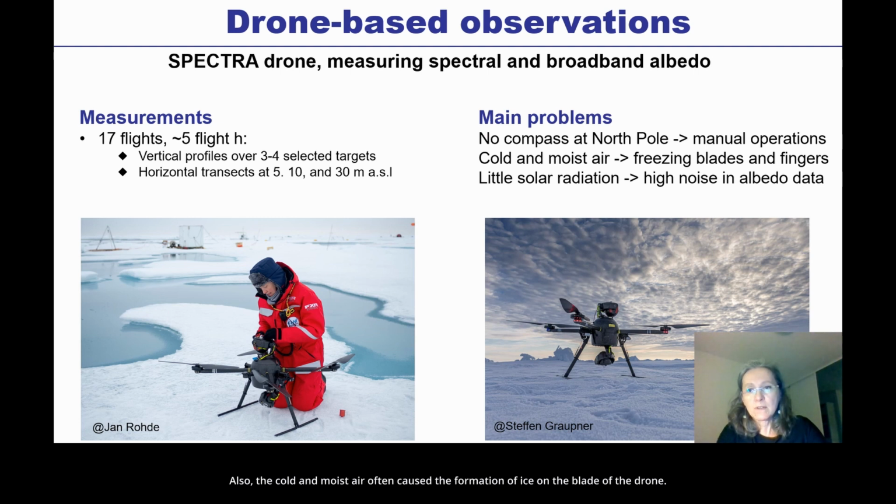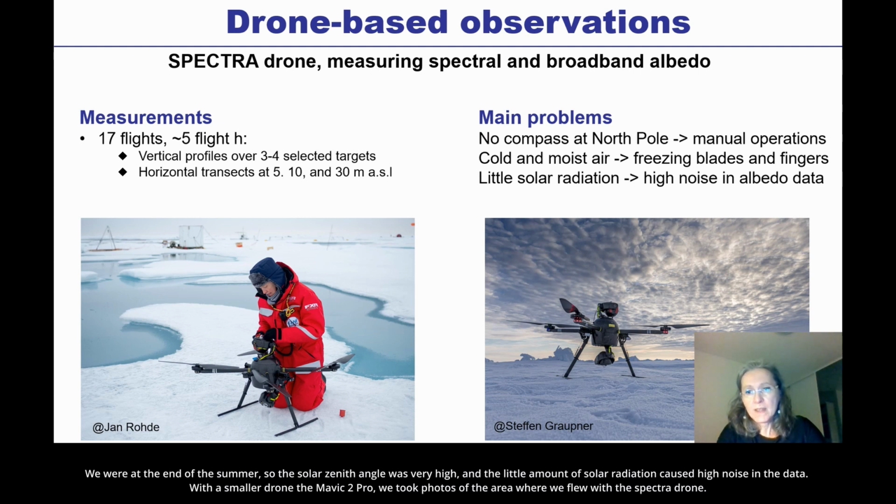Also, the cold and moist air often caused the formation of ice on the blades of the drones. And we were at the end of the summer, so the solar zenith angle was very high, and the small amount of solar radiation caused high noise in the data.